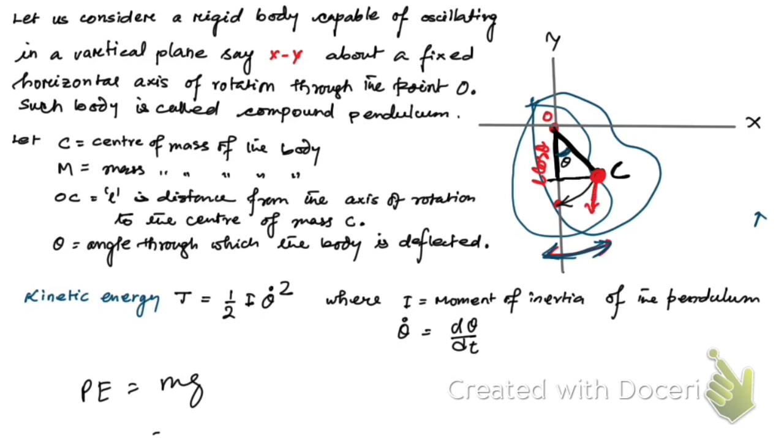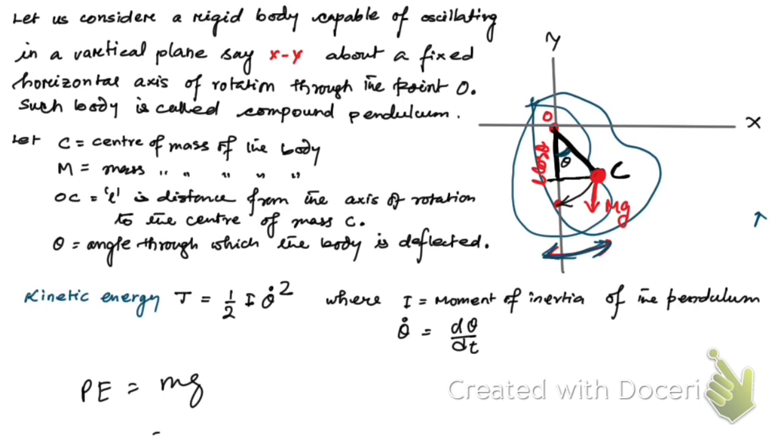Therefore m into g, mass into acceleration, the gravitational force must be acting downward in this direction. This is mg, mass into acceleration due to gravity, small g.